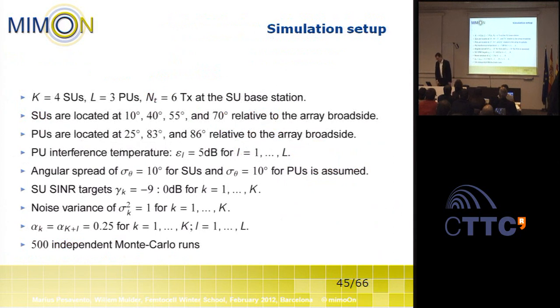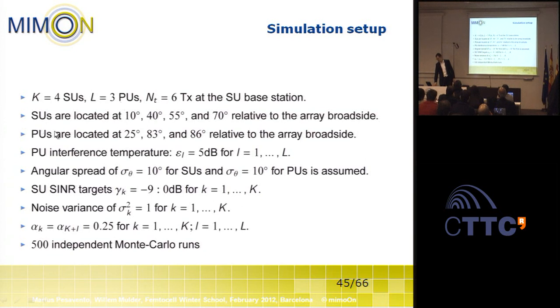So with this, I want to illustrate some simulation results for this beamforming design. We consider a setup of 4 femtocell users and 3 macrocell users. We have a femtocell base station with 6 transmit antennas. Remarkable here is that the number of transmit antennas is actually smaller than the total number of users in the system.